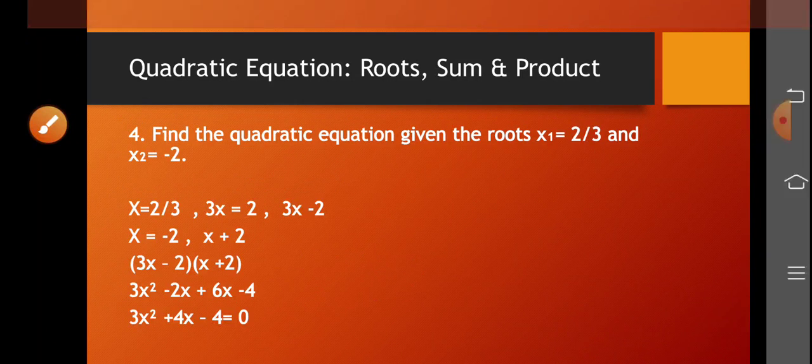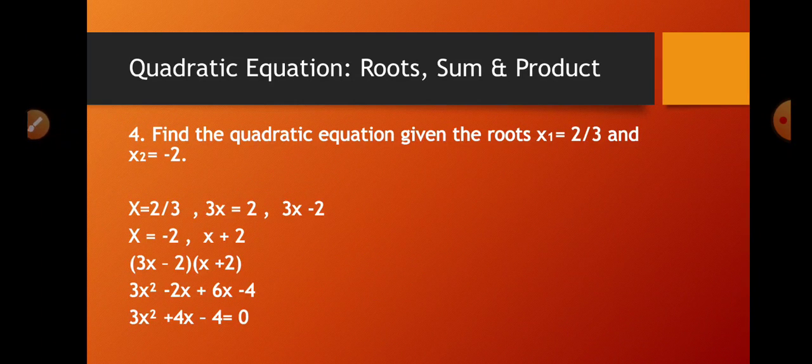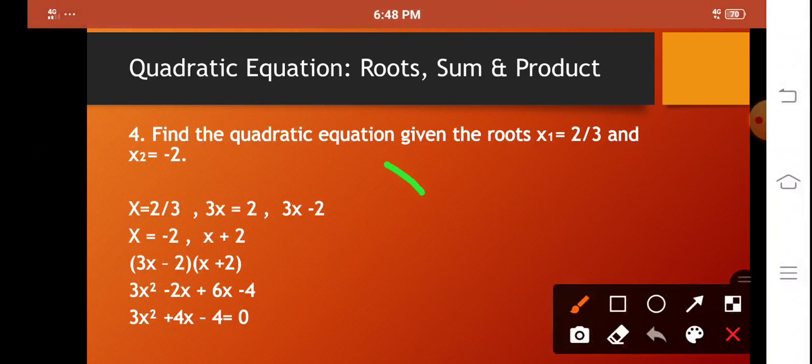Okay, next. Another example. Find the quadratic equation given the roots 2/3 and -2. So again, we can make use of equating into 0 the given roots. So we have x is equal to 2/3.